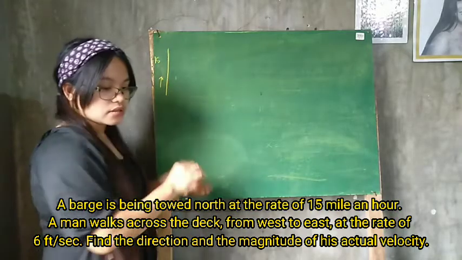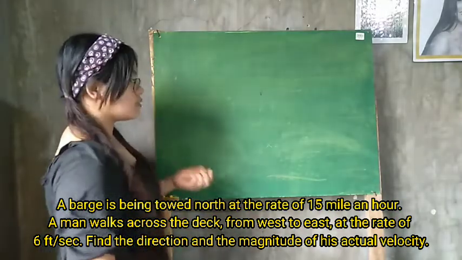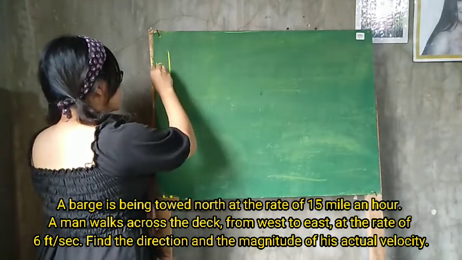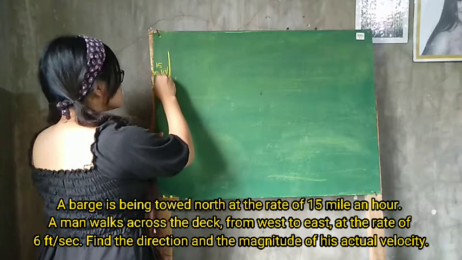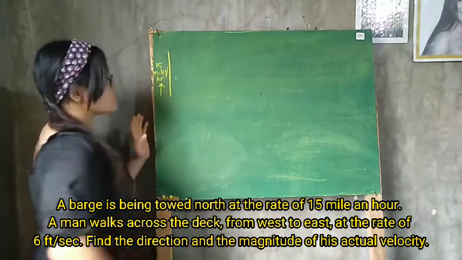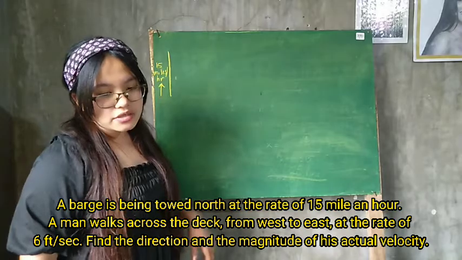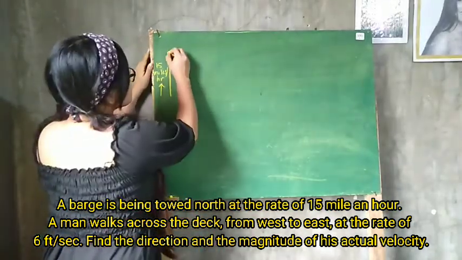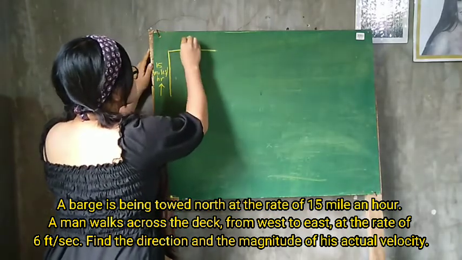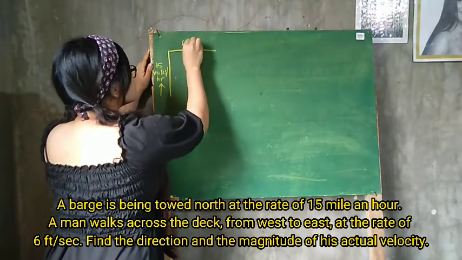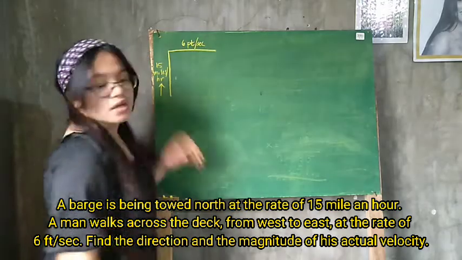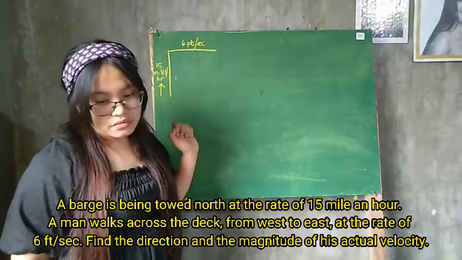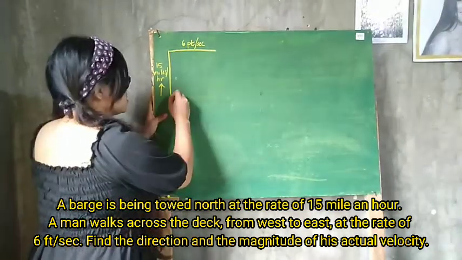Then the man walks across from west to east at 6 feet per second. So let's find the direction and the magnitude of his actual velocity.